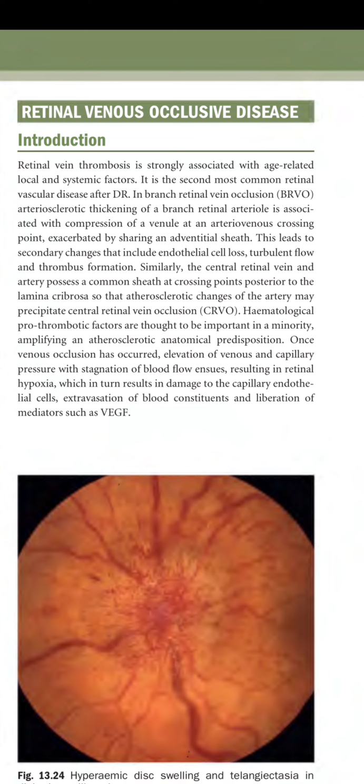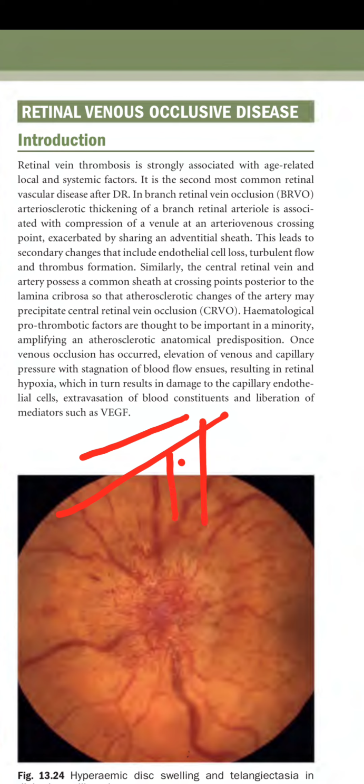In branch retinal vein occlusion, arteriosclerotic thickening of the branch retinal arteriole is associated with compression of the venule at the arteriovenous crossing point, exacerbated by sharing an adventitial sheath. So whenever there is arteriosclerotic thickening, the thickened arteries compress the venules at the AV crossing.